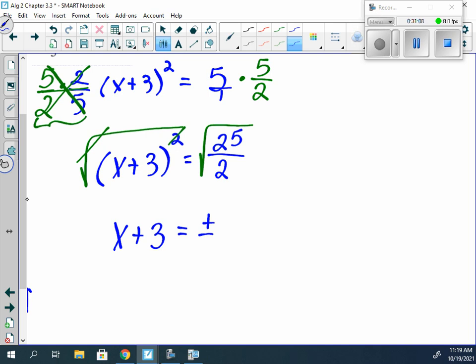Now again, we could type this into the calculator. The graphing calculator will give us an irrational number, a non-repeating, non-terminating decimal number.